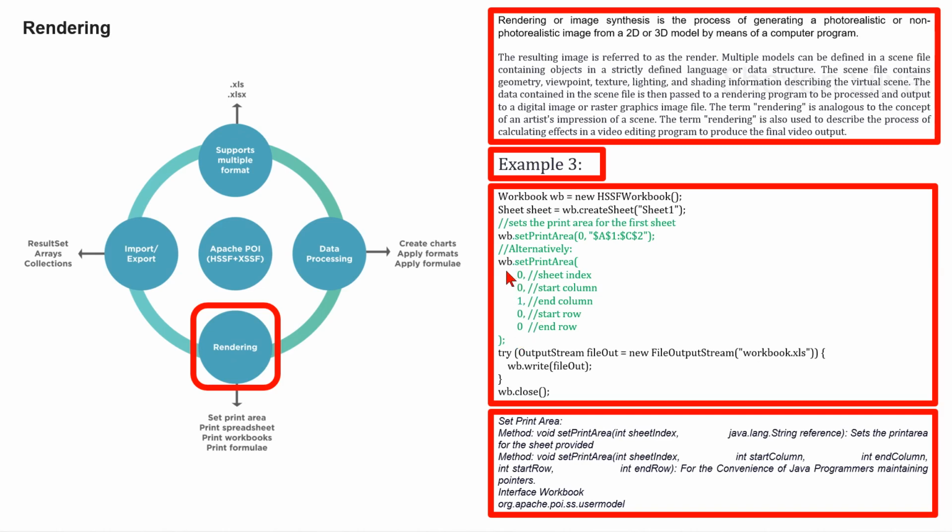This is in the interface Workbook, which is in org.apache.poi.ss.usermodel. Sets the print area for the first sheet, or alternatively sheet index, start column, end column, start row, end row.